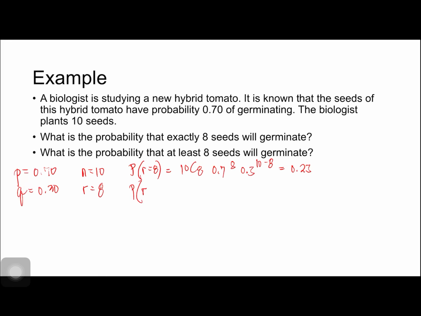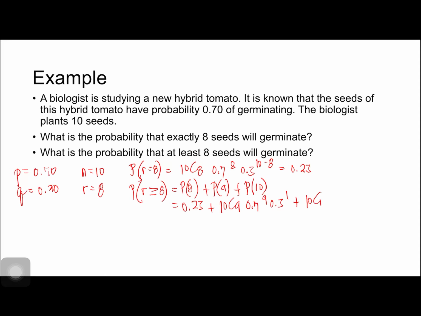Then next, what is the probability that at least 8 seeds will germinate? That would be P of R greater than or equal to 8, which is equal to P of 8 plus P of 9 plus P of 10. We already have P of 8, that is 0.23. What about P of 9? That is 10C9 times 0.7 raised to 9 times 0.3 raised to 1.